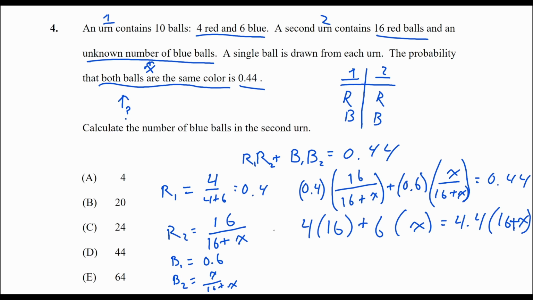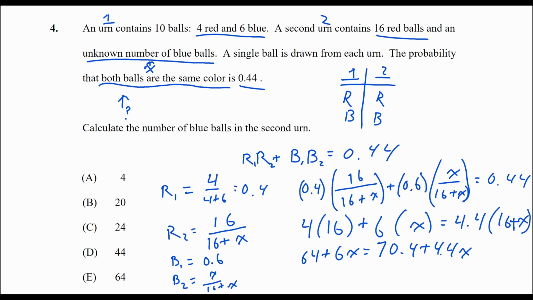Now let's just calculate this. 4 times 16 is 64, plus 6x, is equal to 4.4 times 16, which is 70.4, plus 4.4x.